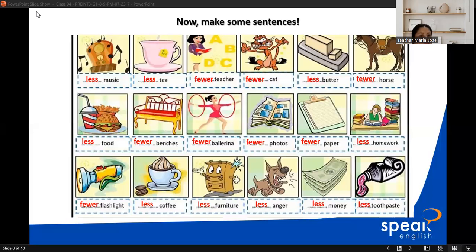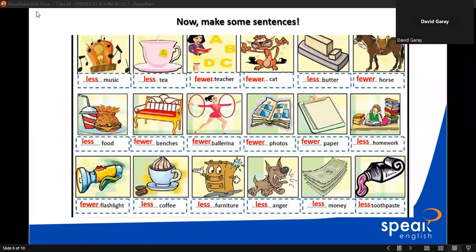David, benches. Is sillas in Spanish, or similar? Banca. That's the one. Okay. There are fewer benches than the another park.